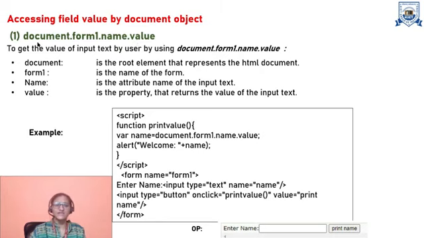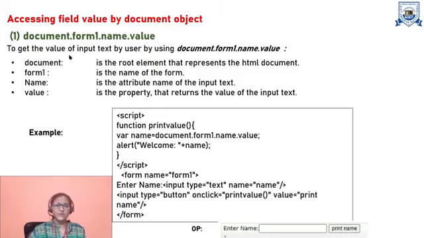This is the complete way to get the value of input text entered by the user, using the syntax document dot form1 dot name dot value. The first form we have given the name form1. Name is the name of the text box, and we retrieve its value with dot value.